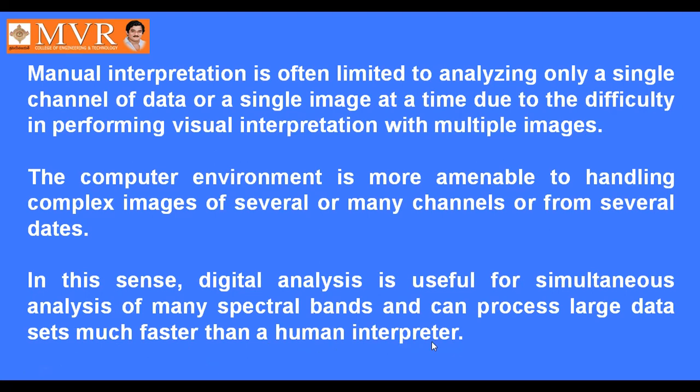At one time, multiple spectral bands can easily be analyzed by digital image processing techniques, not human interpretation. But without visual interpretation we could not analyze anything. Still, compared to human interpretation, digital imaging gives much faster information.